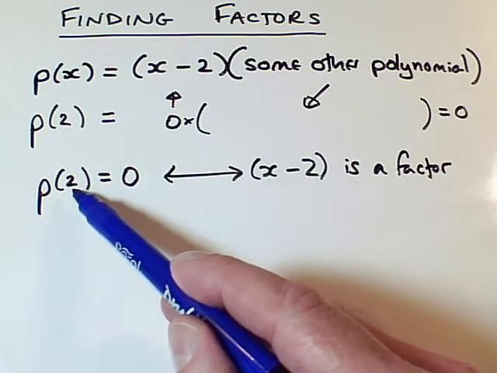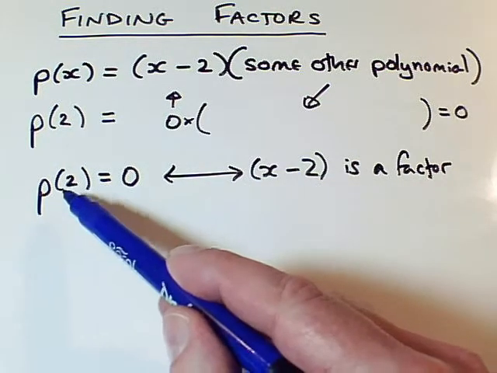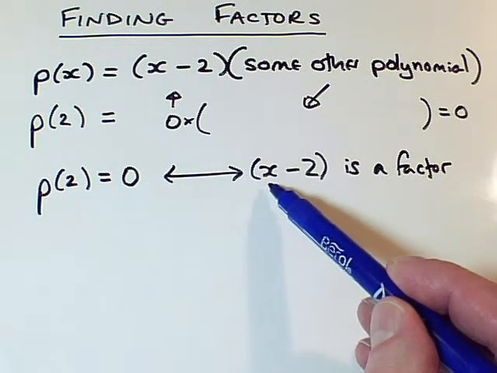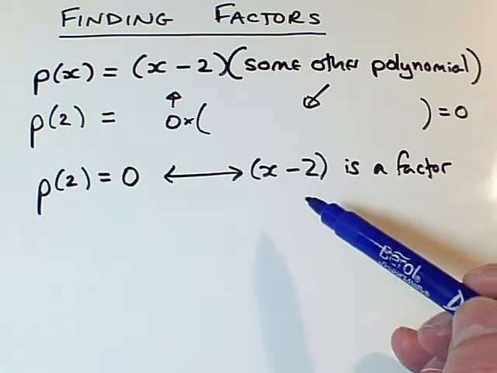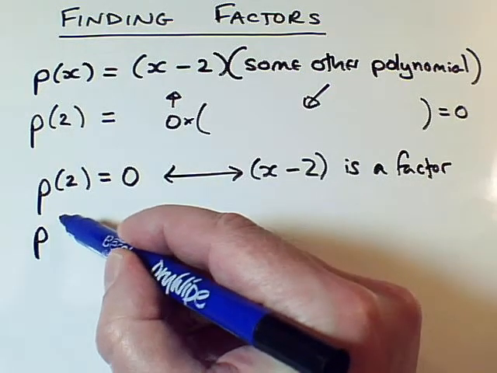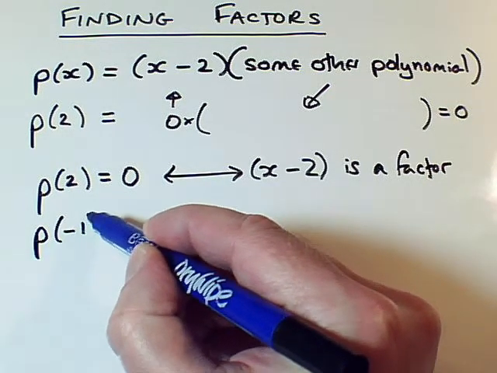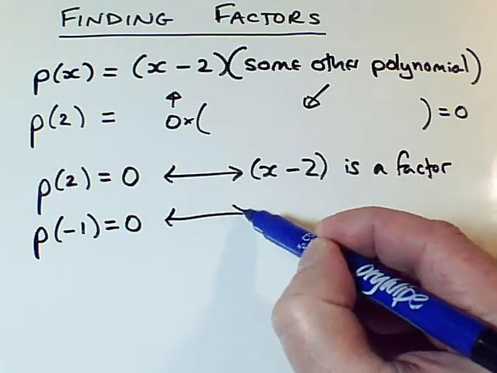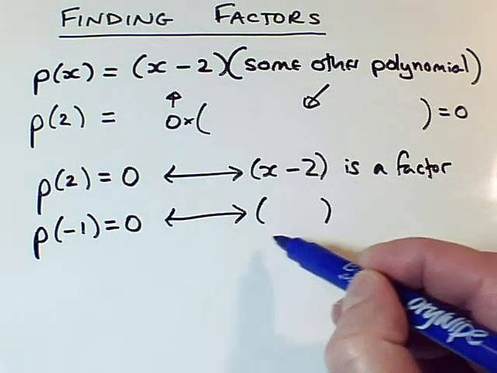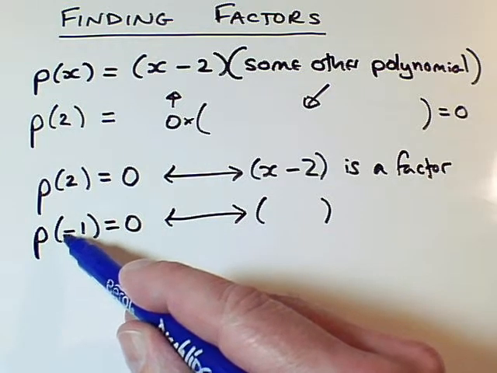Okay, well, how does this number 2 relate to the factor? Well, the answer is it's the value of x that makes the factor equal to 0. So if I had a polynomial and P of minus 1 was equal to 0, then that would correspond to a factor that equals 0 when x is minus 1.